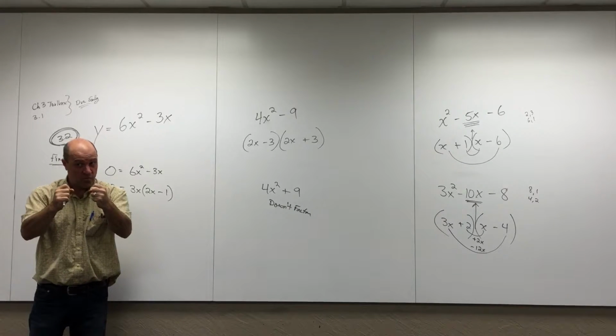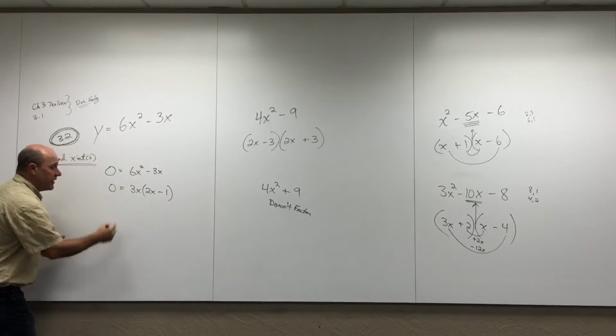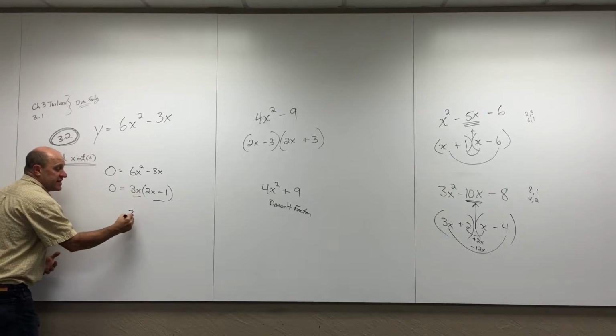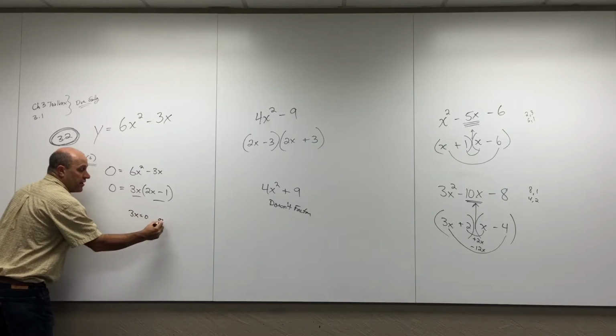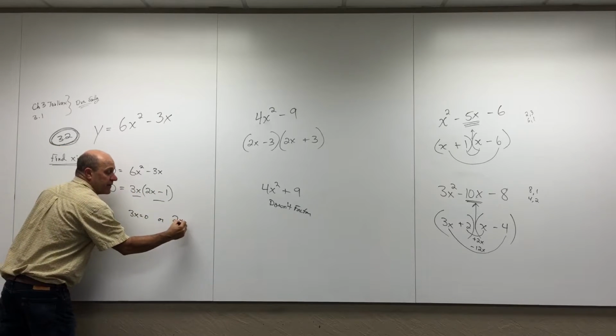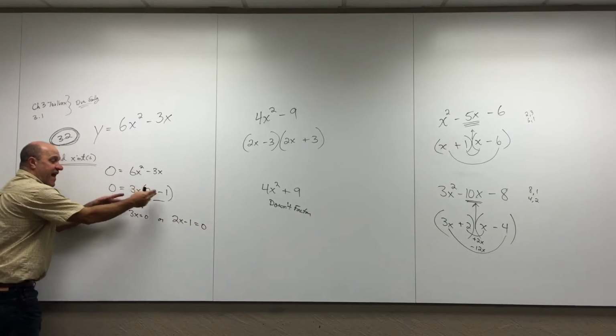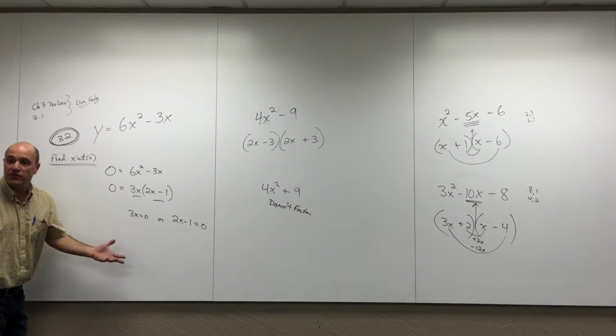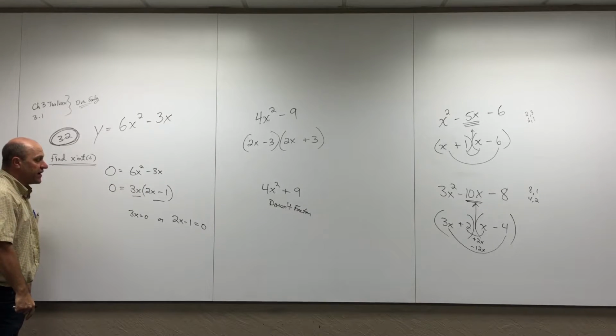And so the next step is to set each factor equal to 0. Maybe this is equal to 0, or maybe this is equal to 0. When you have factors multiplied that equal 0, you can set each factor equal to 0. That's the phrase.